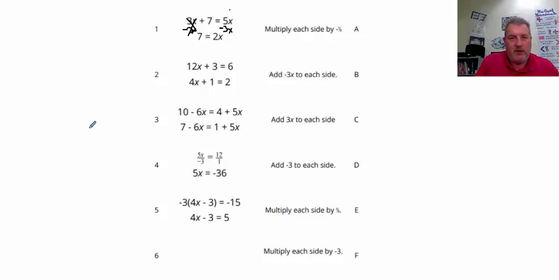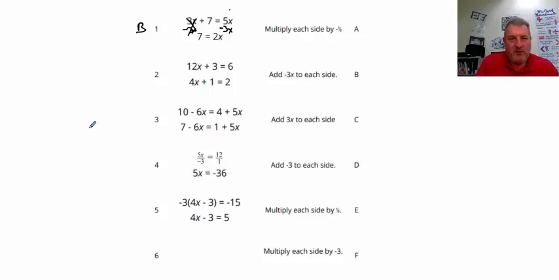So I'm looking for subtracting 3x. Add 3x. Oh, here we go. Add negative 3x. When we add a negative, it's the same as subtracting a positive, right? So this one is B.